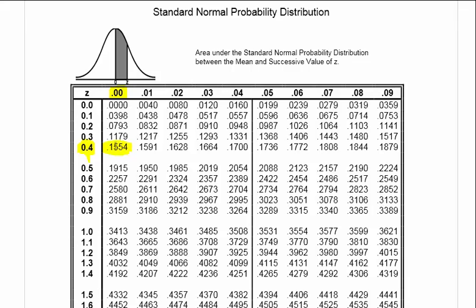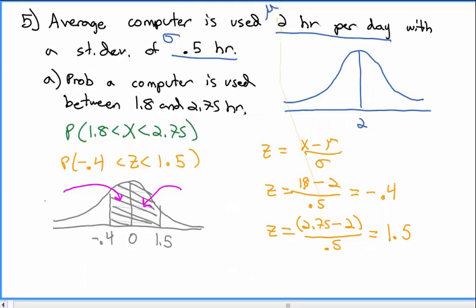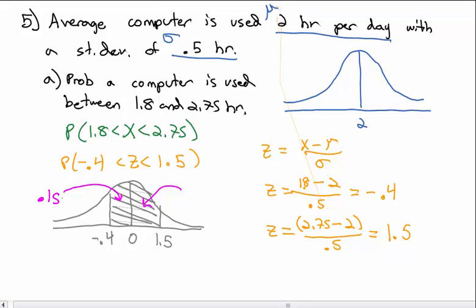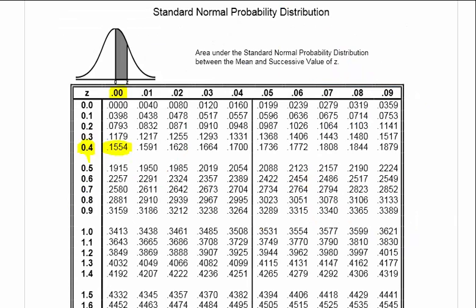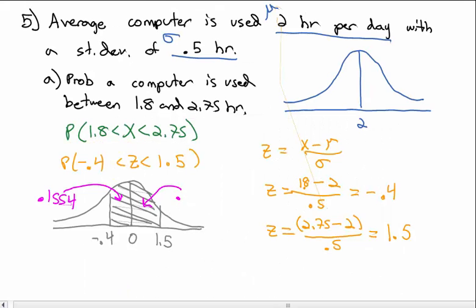So that area is 0.1554. The other side is 1.5. Nothing after that is a 0, so 0.4332.